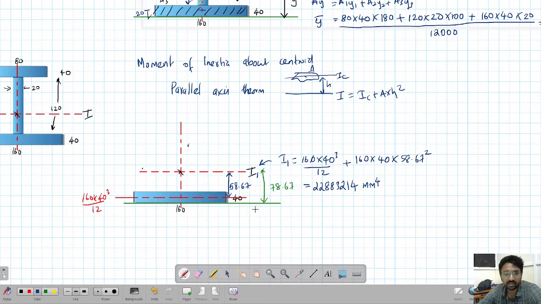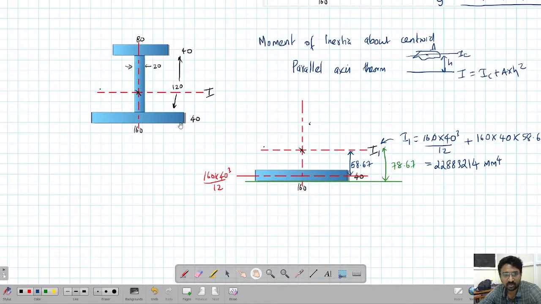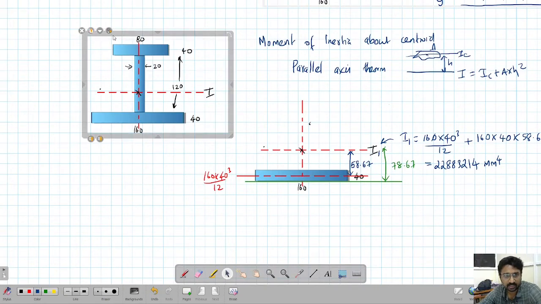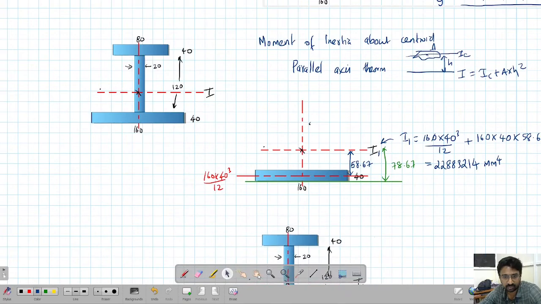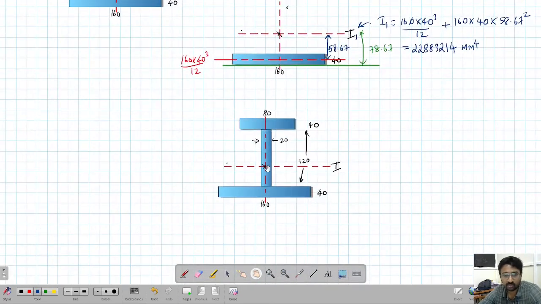Now we will find it for the second portion. So that's why I kept a copy here. Let's just bring it here. Now we will find the moment of inertia of the second portion, that is the web.